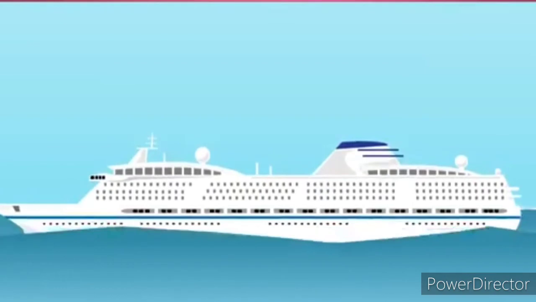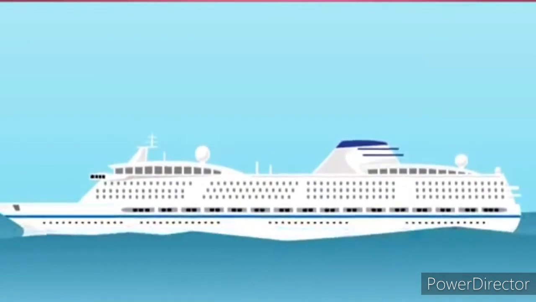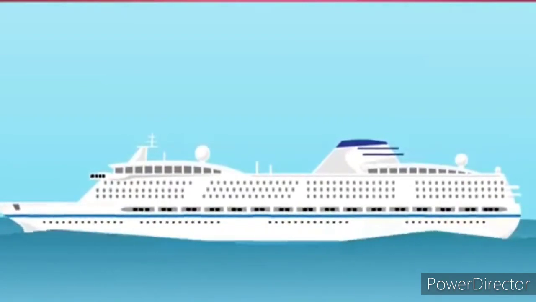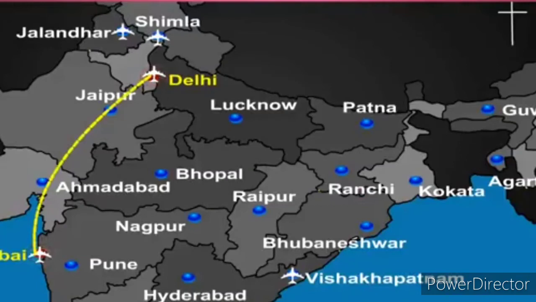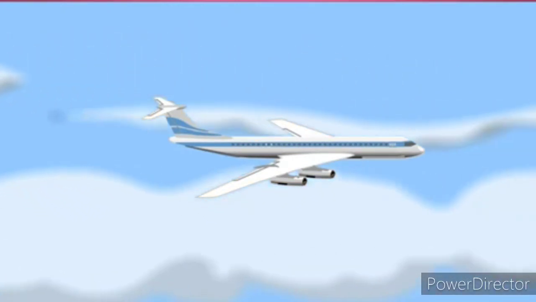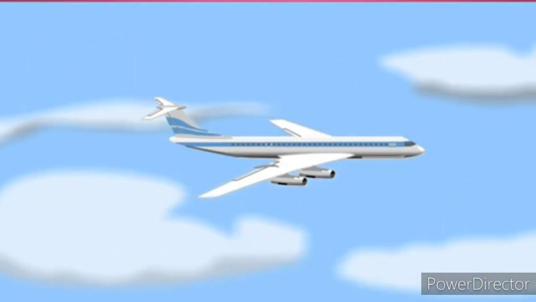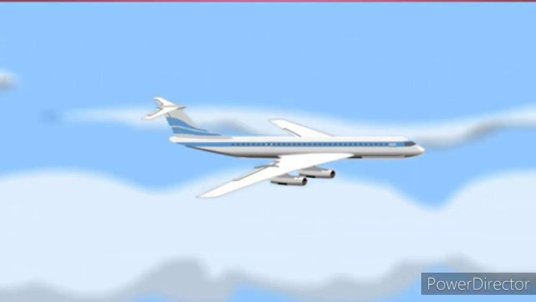A ship can carry a lot of people and luggage. To travel very long distances or to reach certain places faster, we go by aeroplanes. The aeroplane is the fastest means of transport.